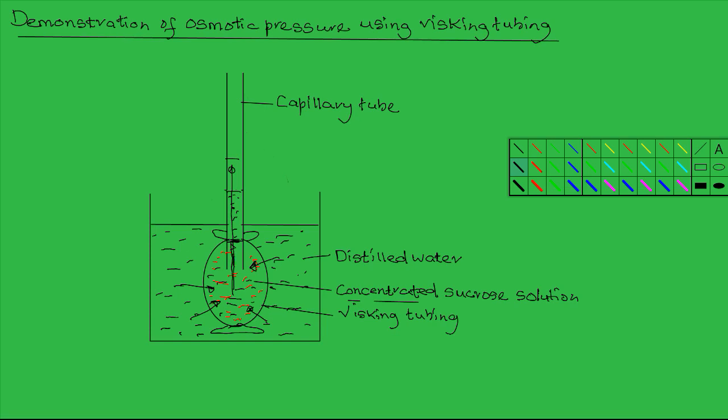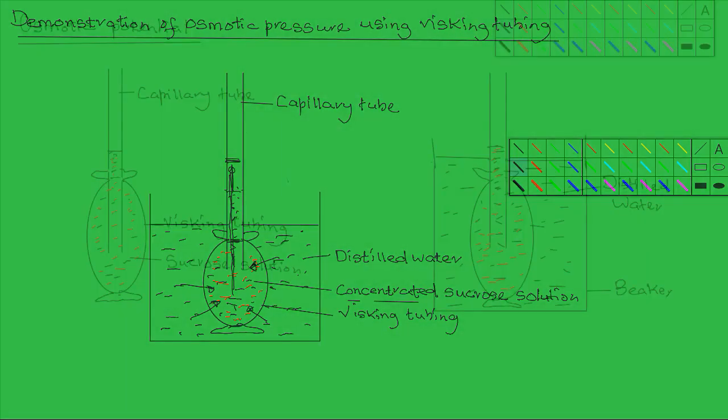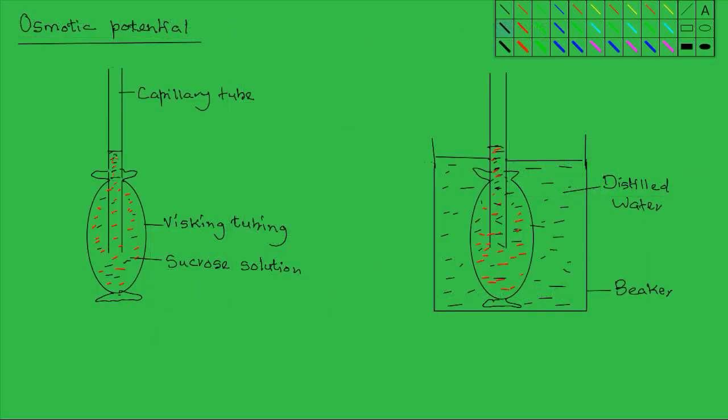Osmotic potential is the capacity of a solution to take in water when separated from another one by a semi-permeable membrane. Osmotic potential can also be viewed as the hidden osmotic pressure of a solution that would only develop if water was allowed to enter it through a semi-permeable membrane.